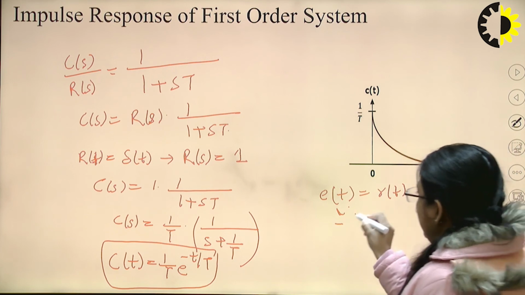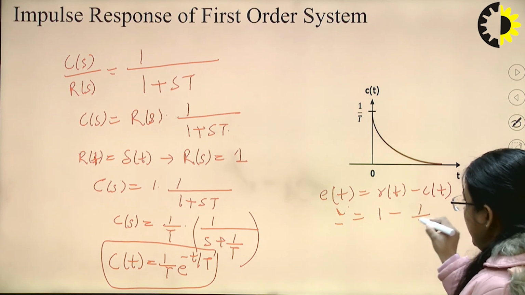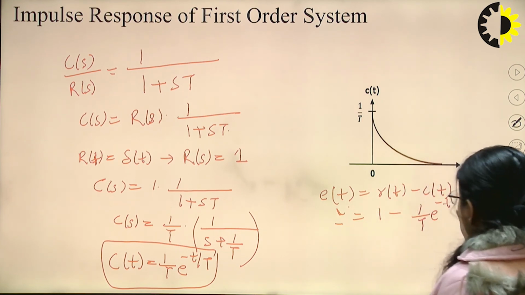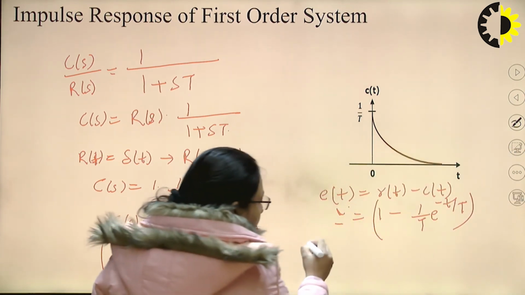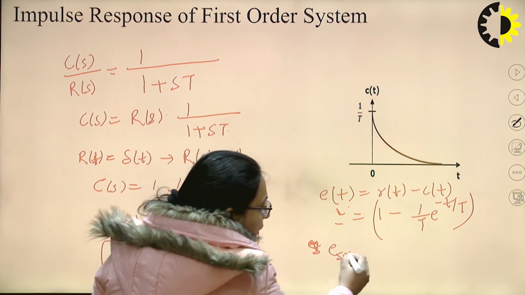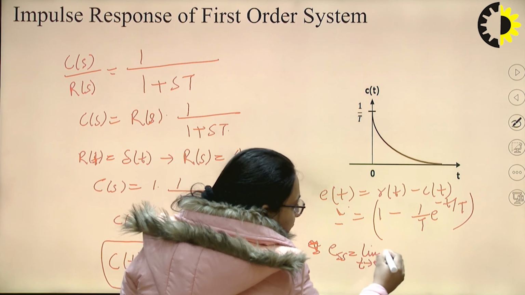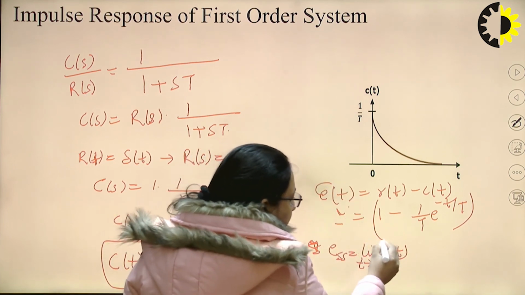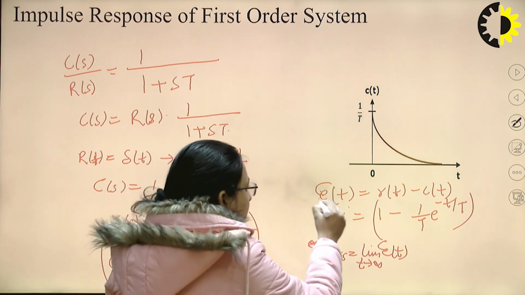So here r(t) is 1 minus, this will be the error, 1 by T e raised to the power minus t by capital T. Now steady state error will be limit t tends to infinity of e(t). Okay, let me define e(t) as capital E(t) so that there will be no confusion.